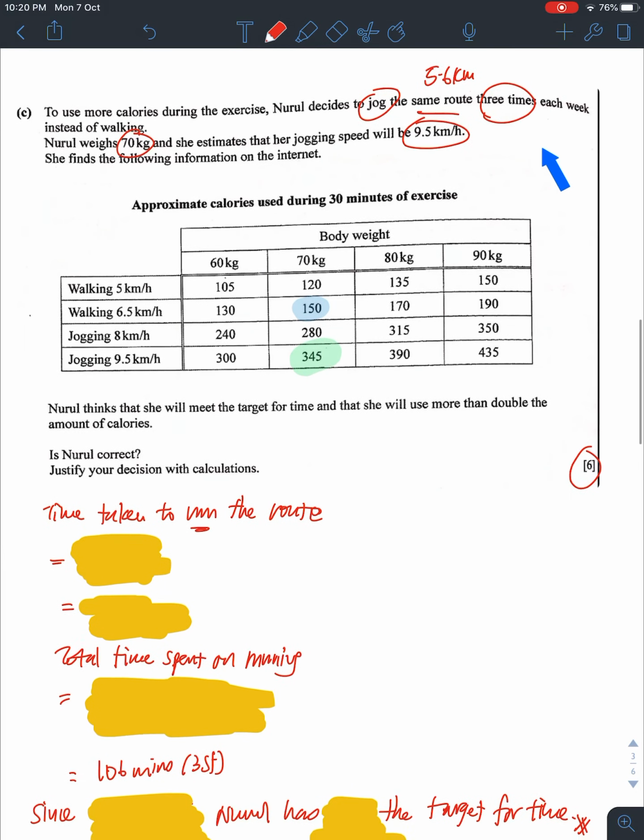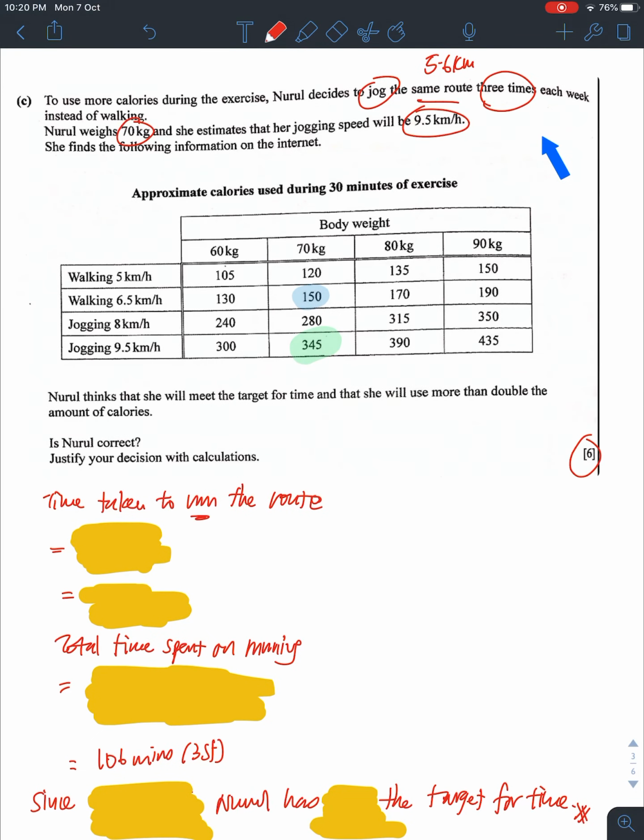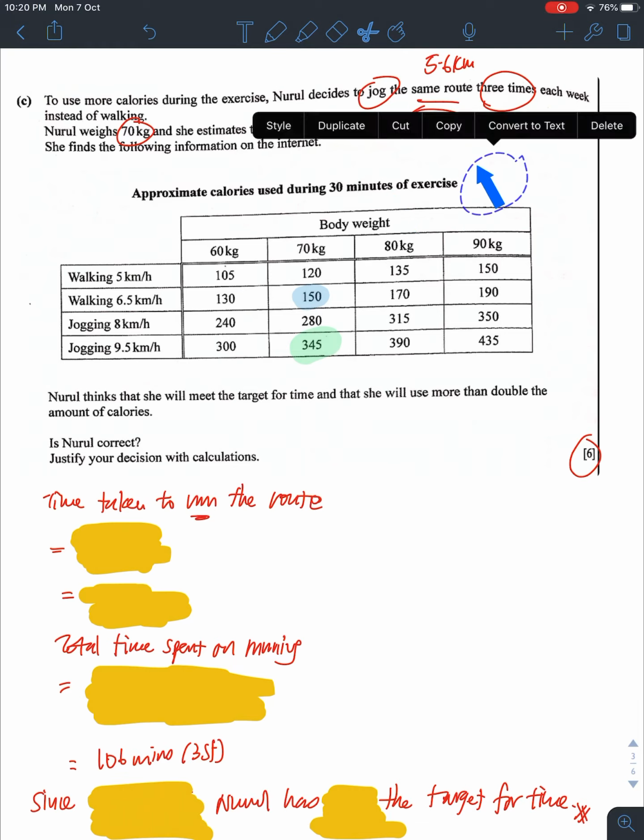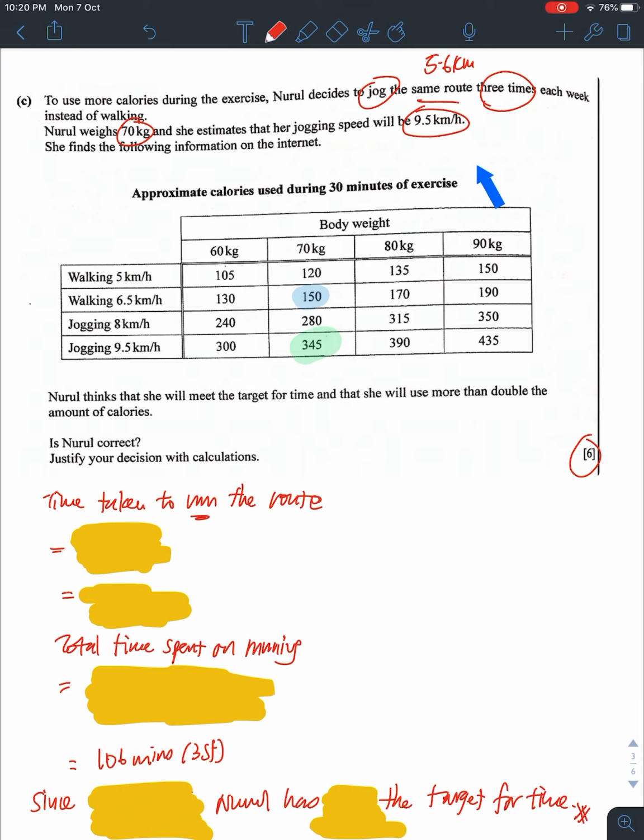And she sees the following information from the internet, which is given in this table, which tells us the approximate calories used for 30 minutes of exercise. Since she weighs 70 kg, we should only be focusing on this column over here.